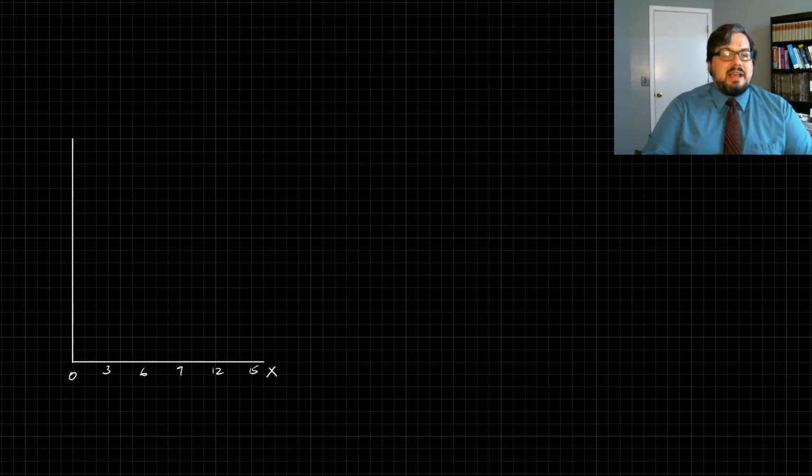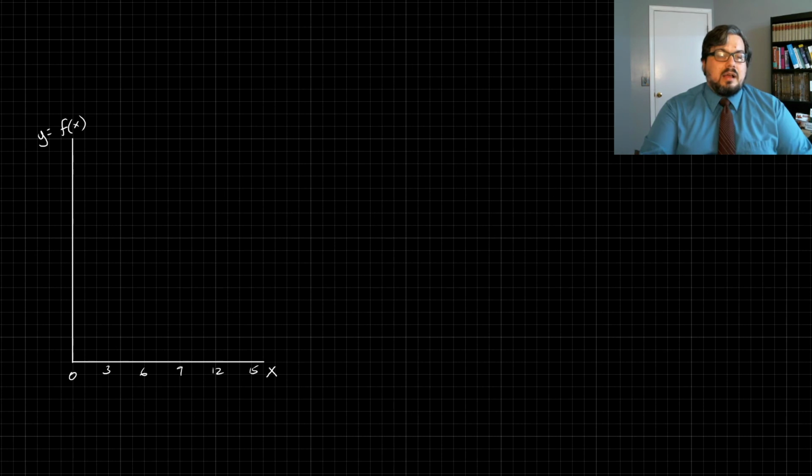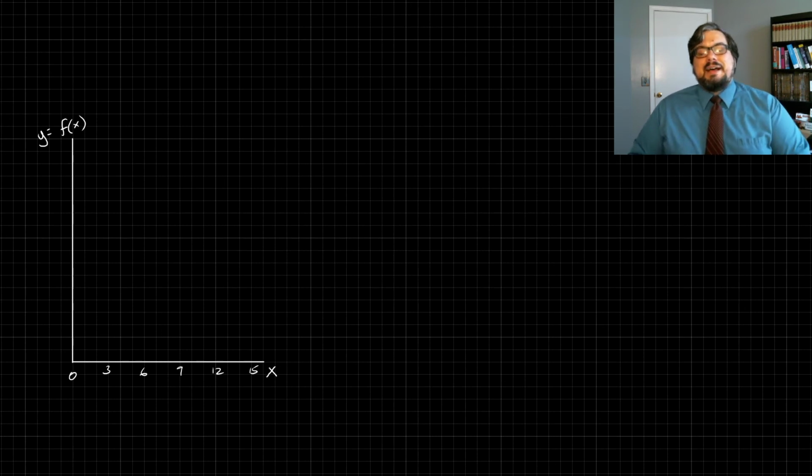Now, in this case, I am going to use a different scale for my vertical axis than normal. That's because my y values, my function values for this problem, are 12,000 and 12,840 and things like this, and if I use the same scale, my graph would be way too tall to be visible.